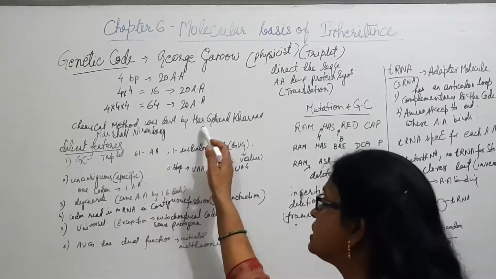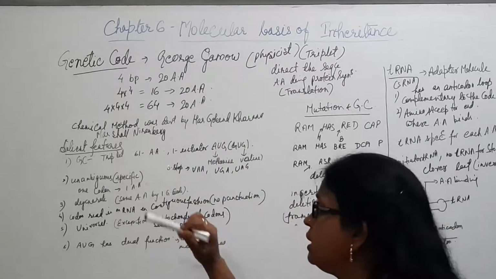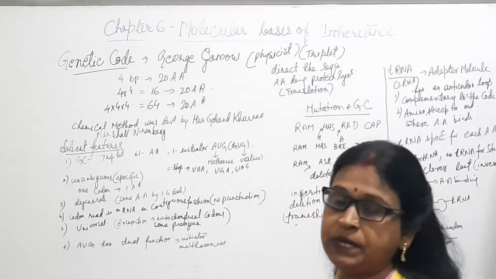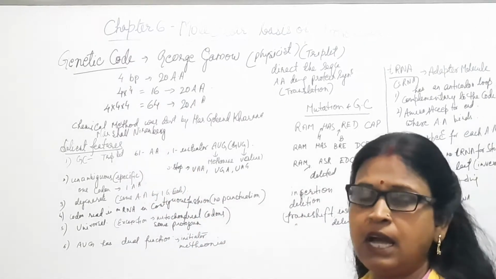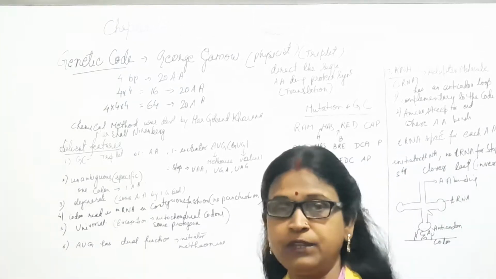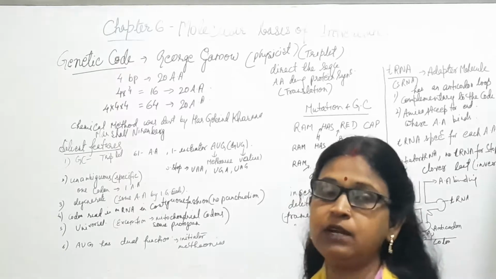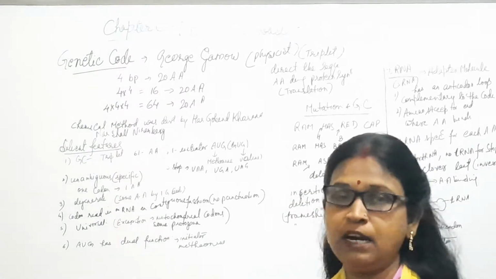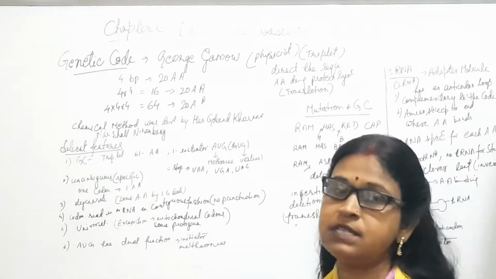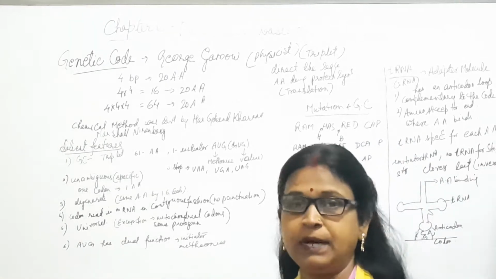Like the chemical method was developed by Har Gobind Khorana, then Marshall Nirenberg also gave many experiments and conclusions, and all of them concluded that the genetic code is triplet in nature. That means one genetic code consists of 3 nitrogenous bases, that is known as triplet condition.